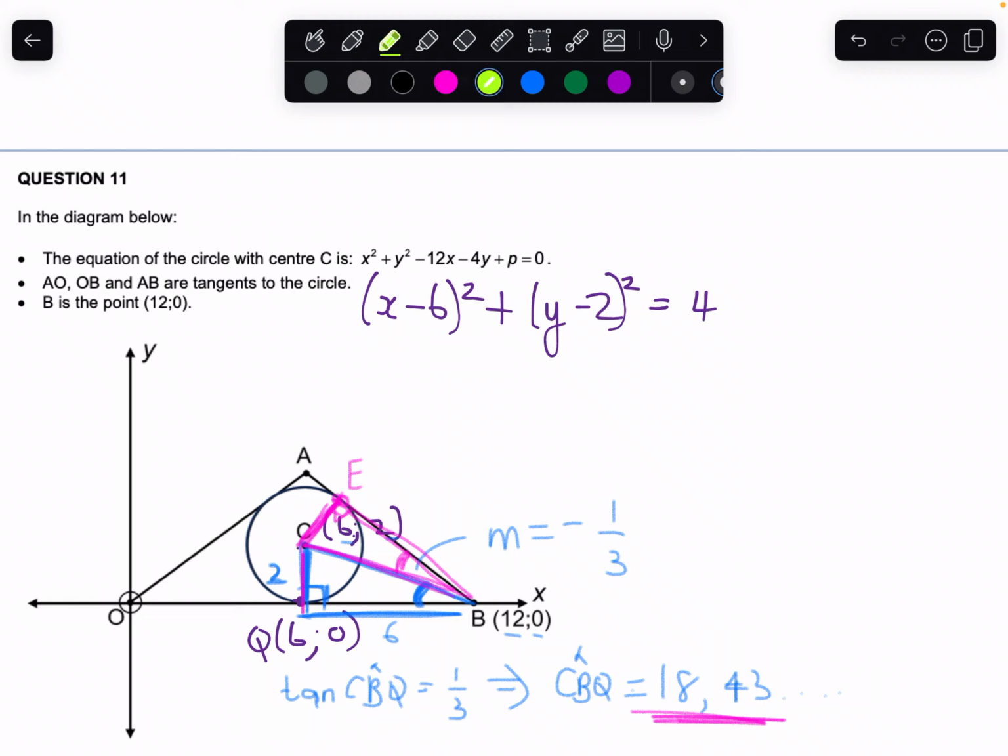Okay, right. So then they get this angle by subtracting this from 180, which then gives them the angle of inclination for this line. So then they have the gradient, because they can work out the gradient from that. And then they can get the equation of the line by subbing in B. Wow.